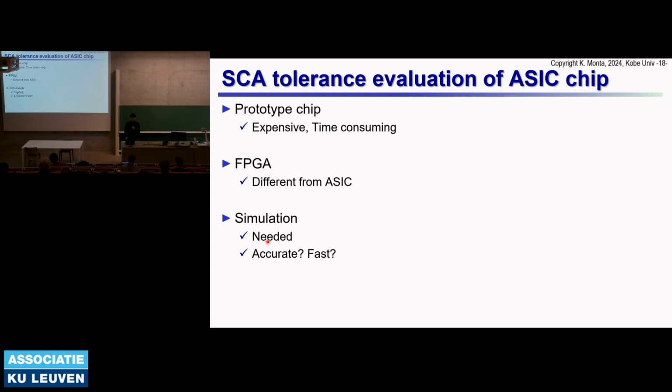Another way is implementing the same register-level description inside an FPGA and doing the exact measurement. However, the current consumption characteristics are completely different between FPGA and ASIC. So that is the reason why simulation is needed. But the point here is whether simulation is accurate enough or fast enough. So I'll talk about these simulation technologies today.